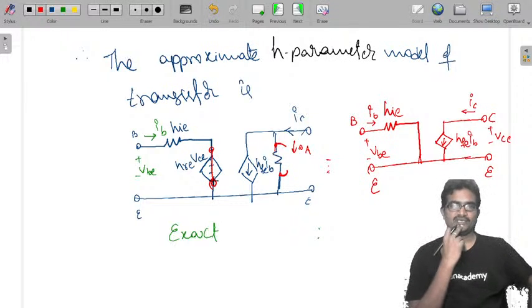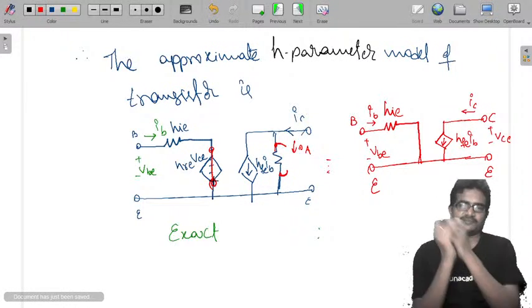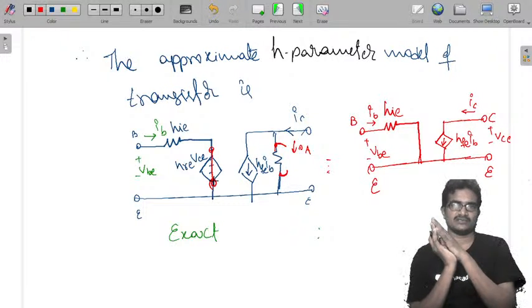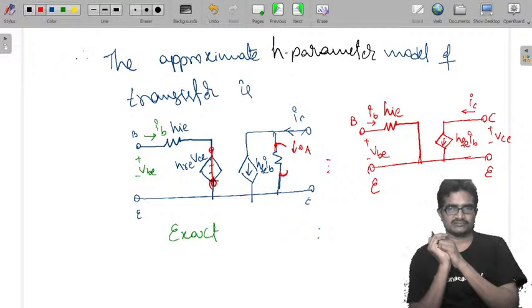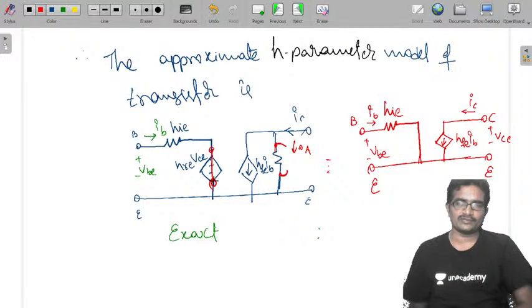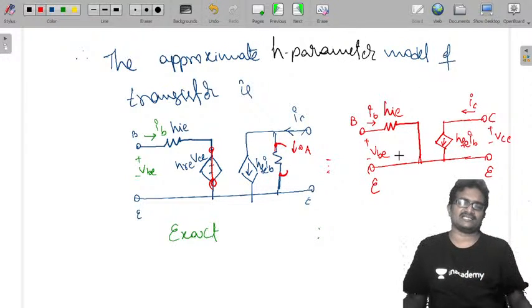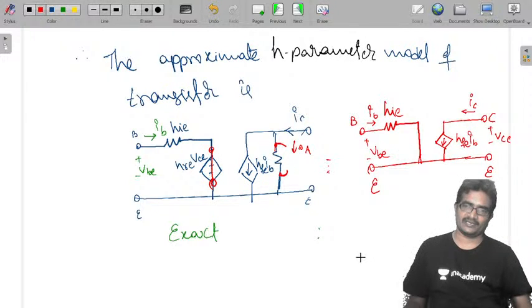You need to use that, because we know only common emitter H parameters. We don't know the remaining common base and common collector H parameters. You need to go for that conversion. Instead of going to that conversion, we replace your transistor by this circuit like this.